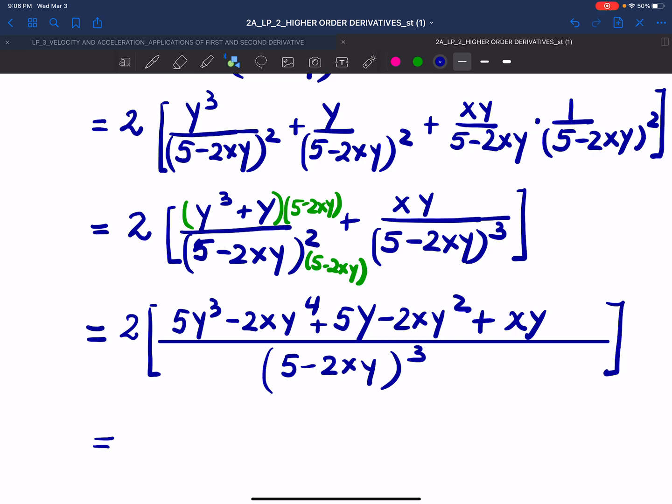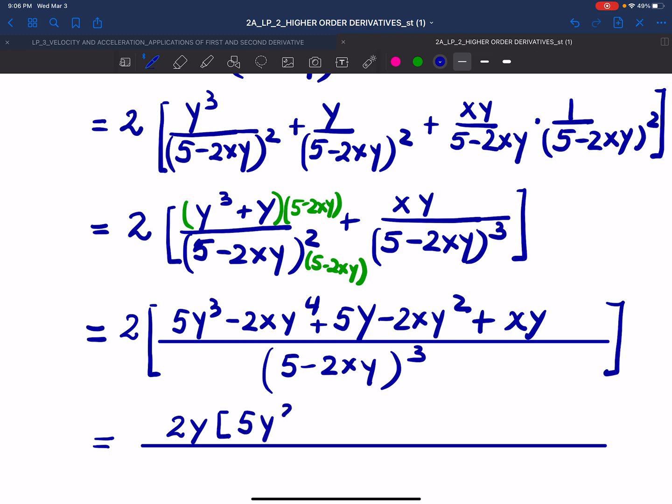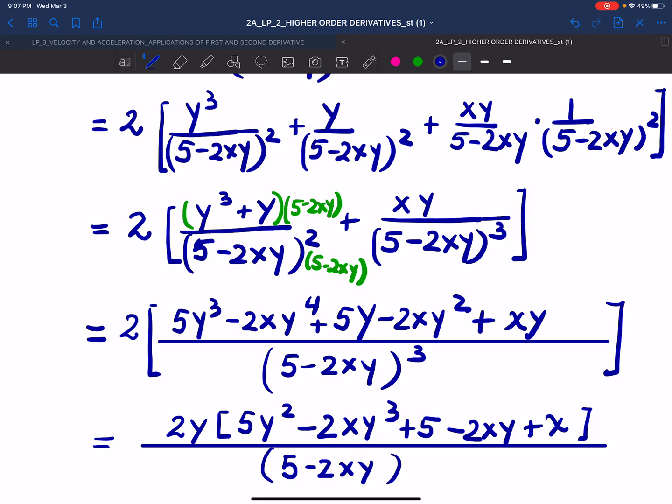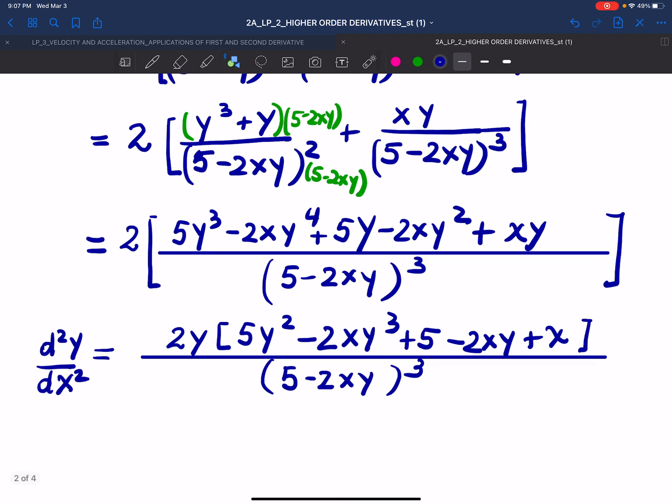And that will make the second derivative in the most simplified and factored form 2y times (5y to the power of 2 minus 2xy cubed plus 5 minus 2xy plus x) over (5 minus 2xy) to the power of 3. And this would be d squared y over dx squared. And we'll celebrate by boxing this up.